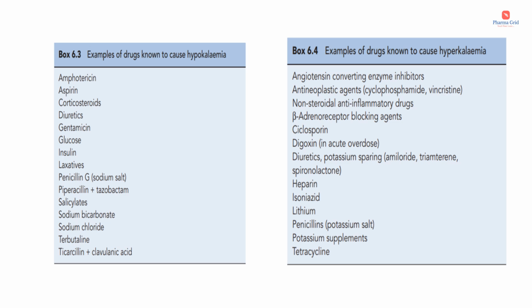Okay, then piperacillin, tazobactam, salicylates, sodium bicarbonate, sodium chloride, terbutaline, etc. Then examples of drugs known to cause hyperkalemia, mainly angiotensin converting enzyme inhibitors, antineoplastic agents such as cyclophosphamide, vincristine, NSAIDs, beta blockers, then cyclosporin, digoxin in acute overdose, then diuretics, especially potassium sparing diuretics, heparin, isoniazid, lithium, penicillin, potassium salt, then potassium supplements, tetracycline, etc.